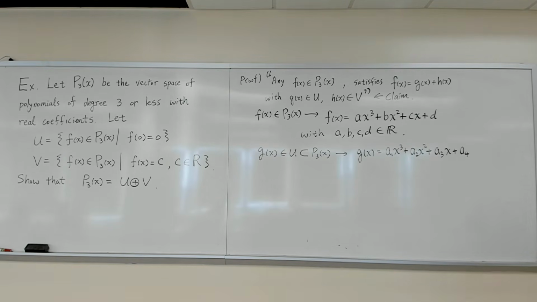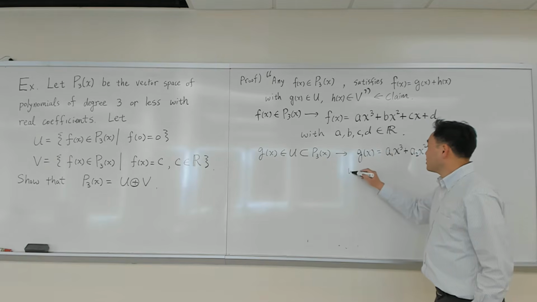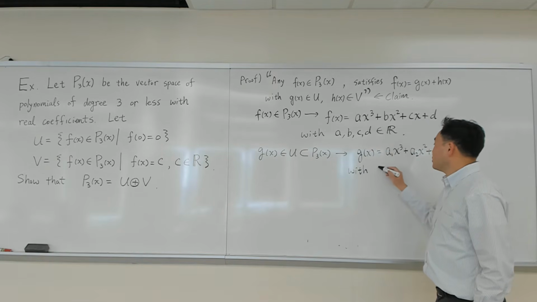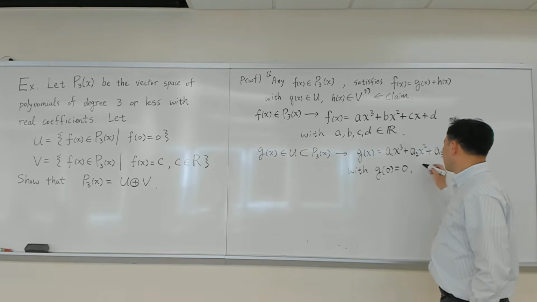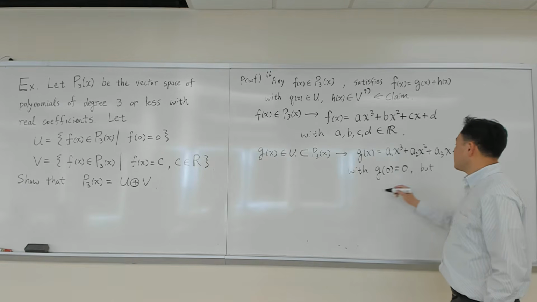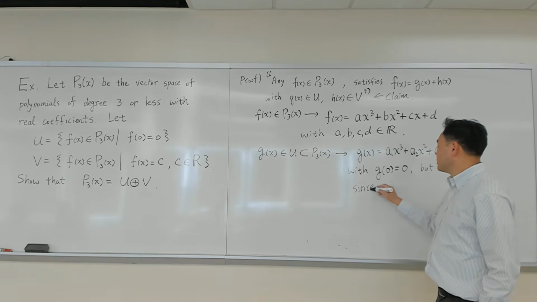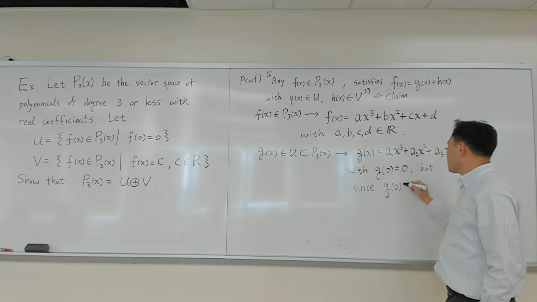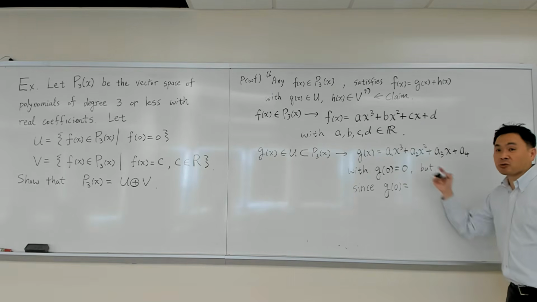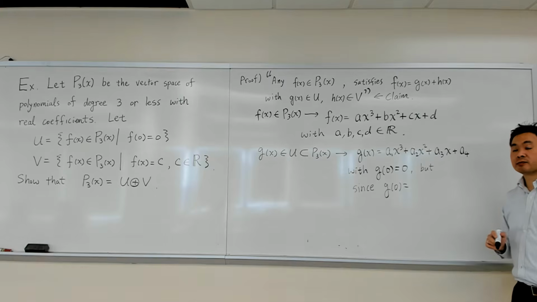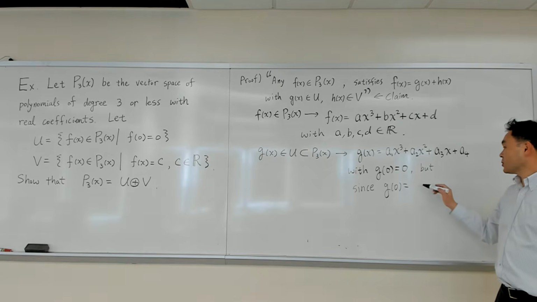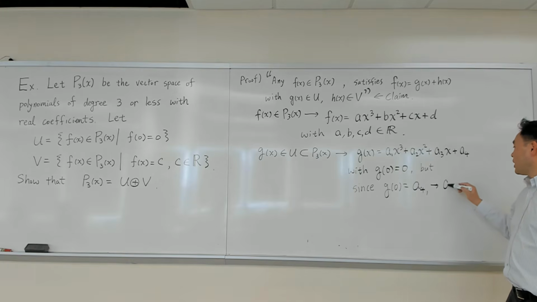And then with g of 0 equals to 0, but since, what is g of 0 according to here? If you plug in x equals to 0, what do you get? a4, right? We have a4 equal to 0. Okay?